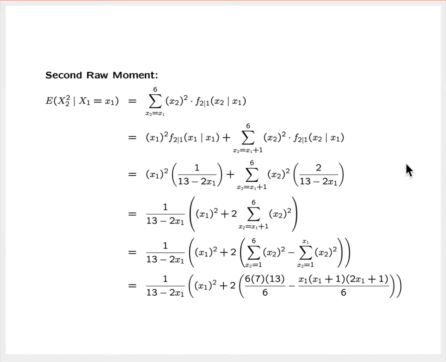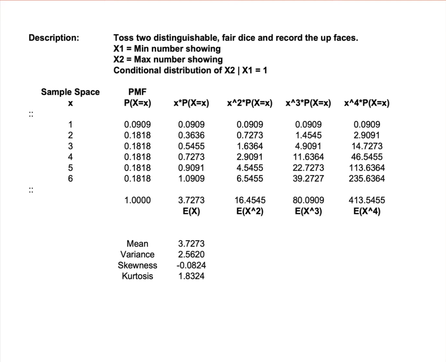And so we can see what these functions look like. Okay, so in addition to this analytical, or mathematical, approach, I want to again go over very quickly the computational approach to calculating these various characteristics of the conditional distribution of x2 given x1. Again, we can do it via spreadsheets.